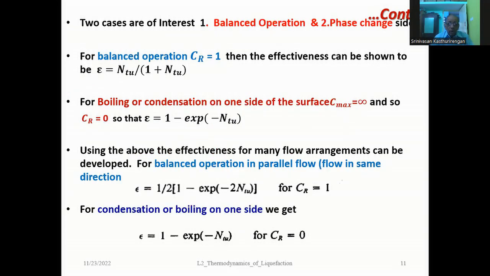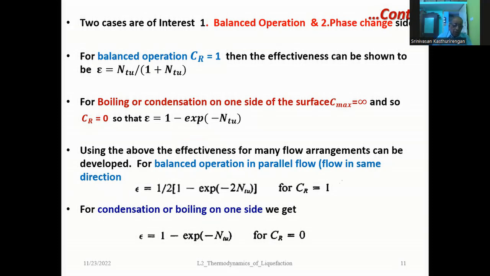Now we can consider two cases of interest. One is what is called the balanced operation. Another is what is known as the phase change condition. In the case of a balanced operation, the capacity ratio between the hot and cold fluids is the same, equal to 1.